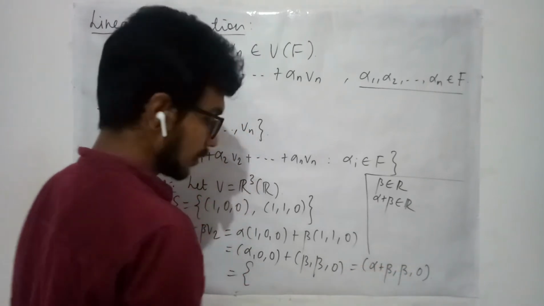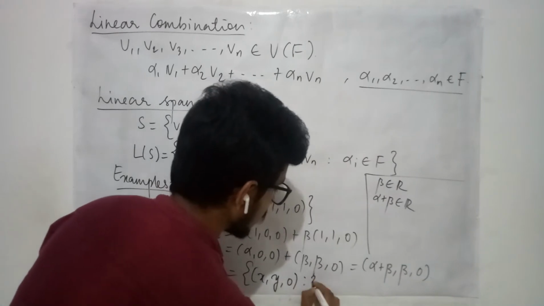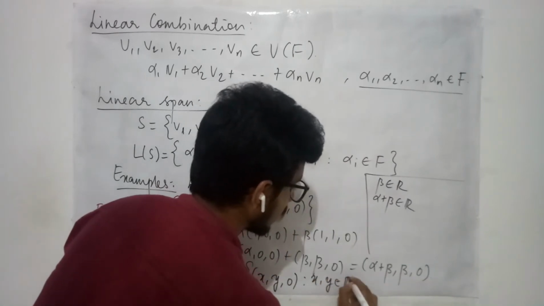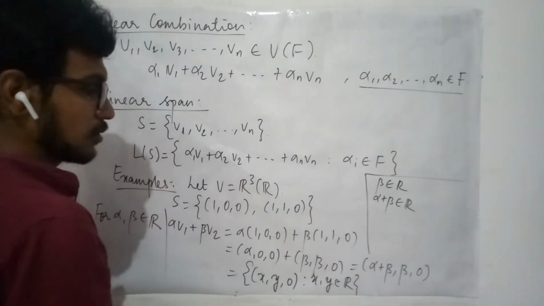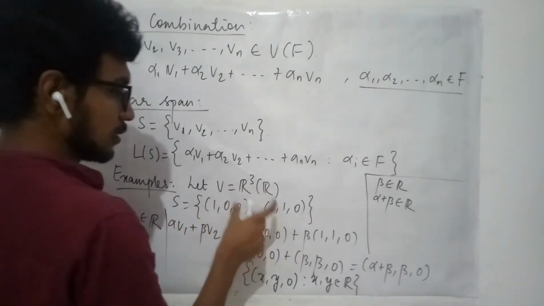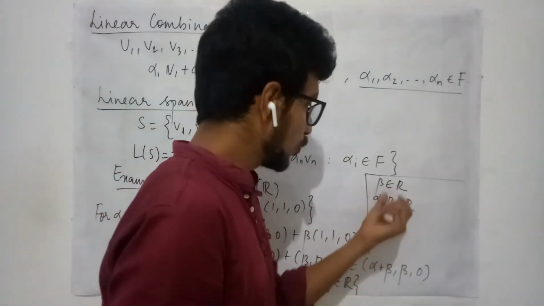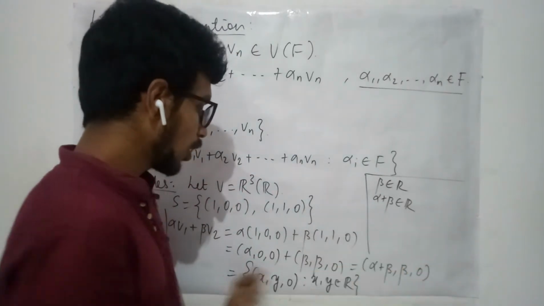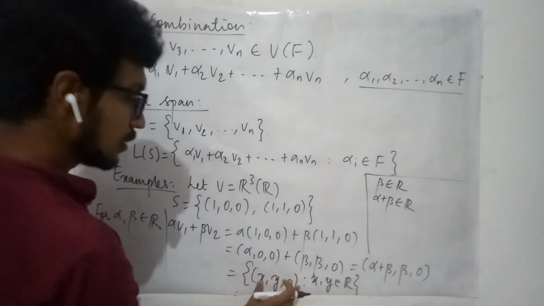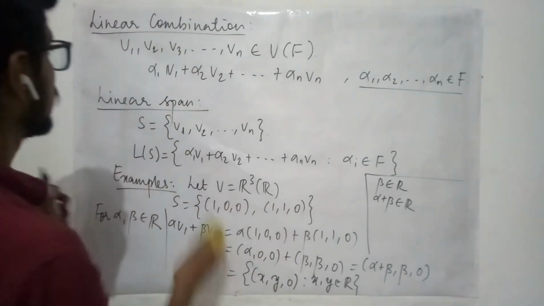So you are going to get something of the form (x, y, 0) where x and y are real numbers. When you vary alpha and beta over the set of real numbers, you are going to get this set. So this is the linear span of this set.